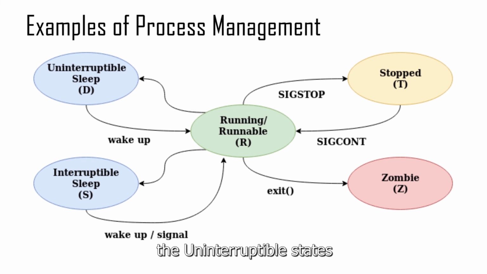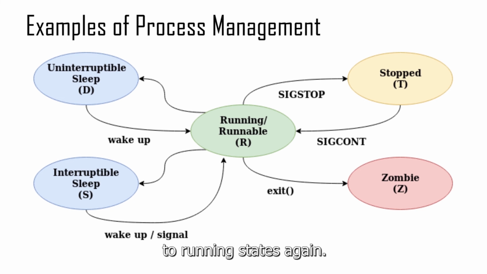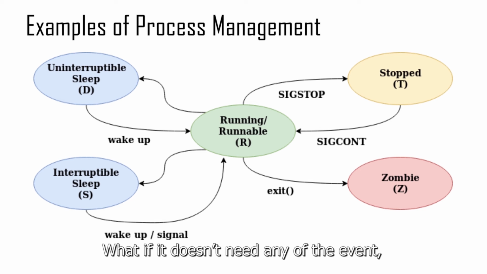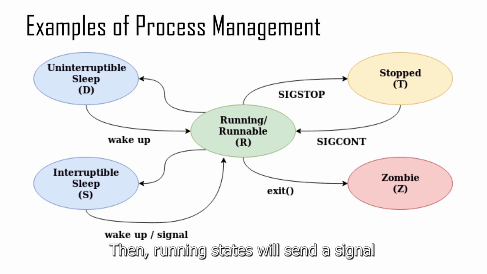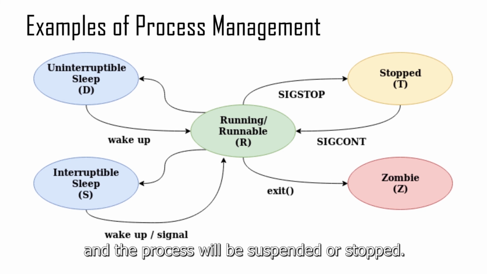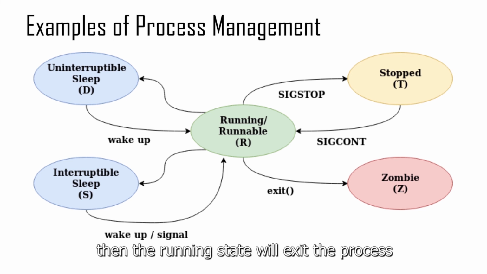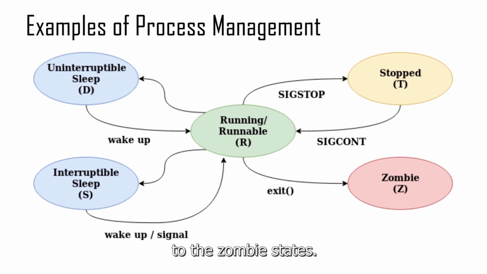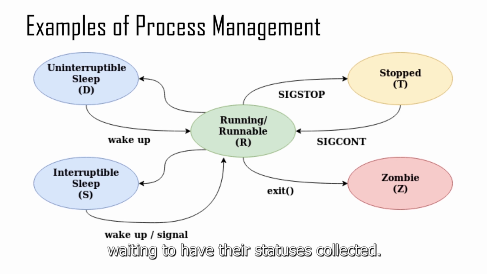The uninterruptible state will send a signal, become active, and go through the running state again. What if it doesn't need any event, I/O or interrupt? Then the running state will send a signal to the stopped state and the process will be suspended or stopped. At last, if the process has nothing left in current processing, then the running state will exit the process to the zombie state, which means terminated processes that are waiting to have their status collected.